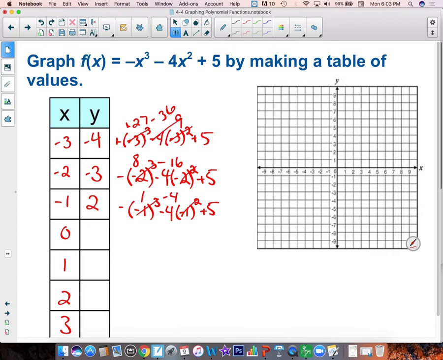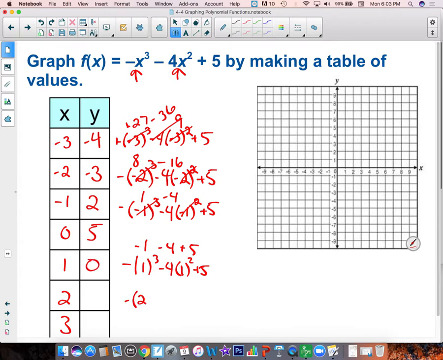Plugging in a 0, that should be pretty easy, because if you plug in a 0 there and 0 there, they both go away, so it's a 5. Plugging in a 1. Okay, 1 cubed, so this is -1 minus 4 plus 5. So that gives you a 0. Plug in a 2.